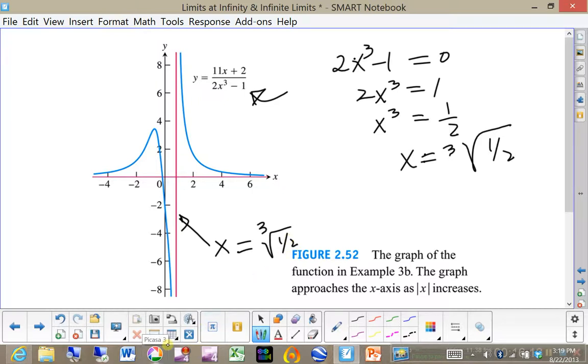Now to find the horizontal asymptote, we take the limit of 11x plus 2 over 2x cubed minus 1 as x approaches infinity.